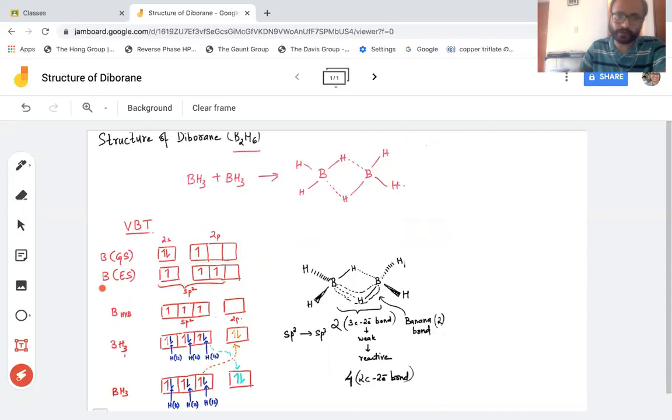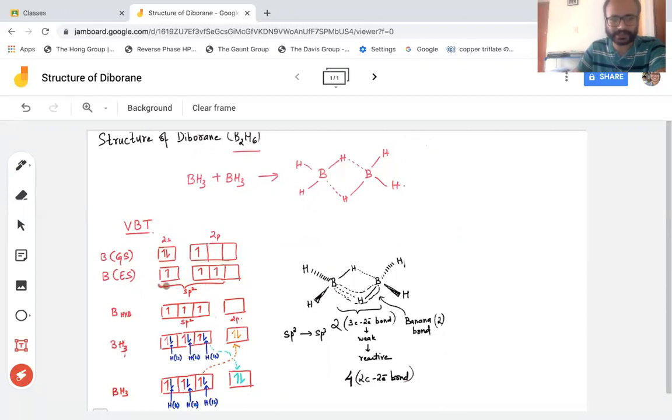Now, for forming the bond, according to valence bond theory, the paired electrons need to be unpaired. Only then will it have three unpaired electrons for the formation of bonds with the three hydrogen atoms. So in the excited state, this paired electron would be excited to the empty orbital. So we have this configuration.